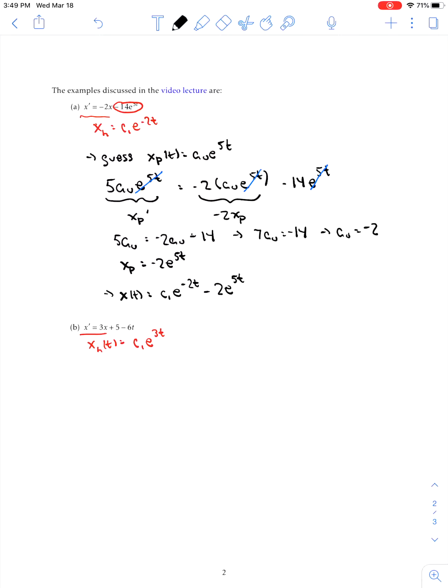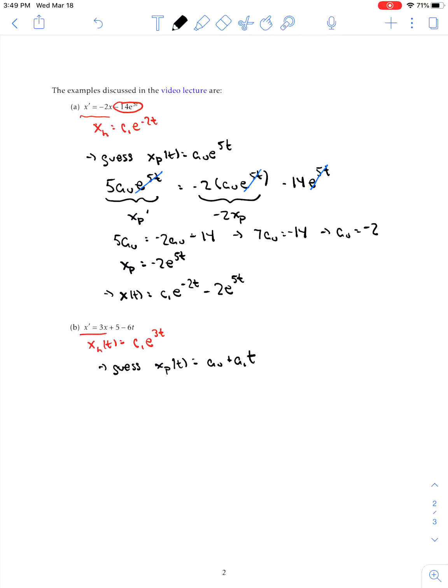So we're going to guess a linear function. So we'll guess xp is equal to a naught plus a1 times t. So we have two constants to find, an a naught and an a1, so we'll need two equations.